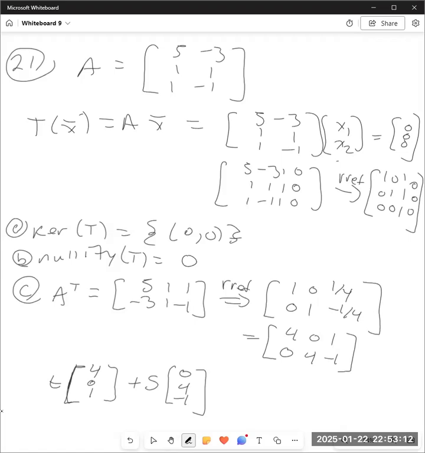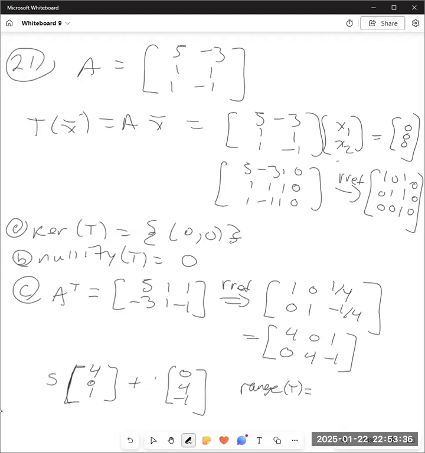So this is going to be my range of T. Sorry, this is s and this is t.